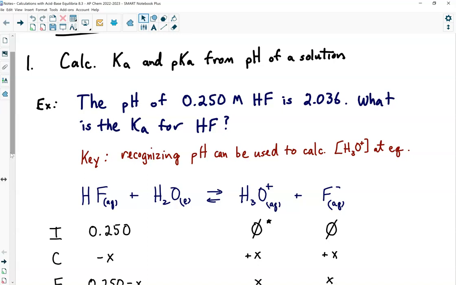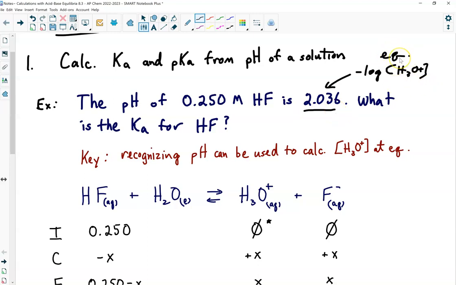The key to this is recognizing that the pH is the negative log of the hydronium ion concentration when you dissolve 0.250 molar HF. And so that's going to represent the equilibrium concentration of the hydronium.